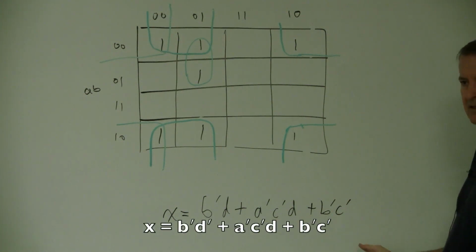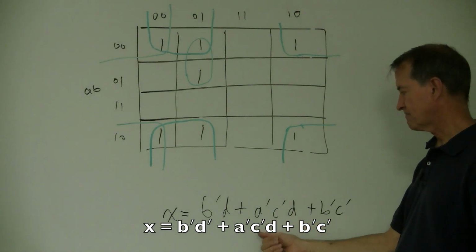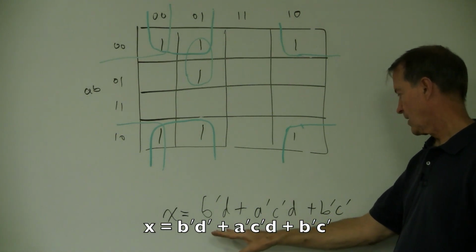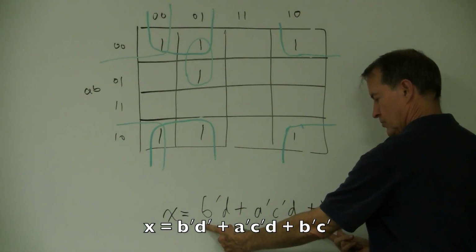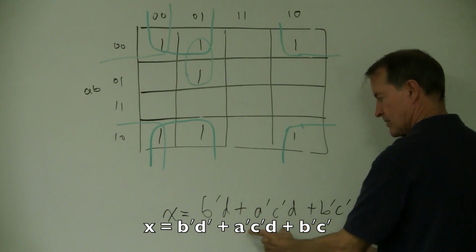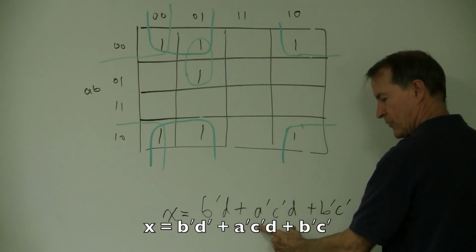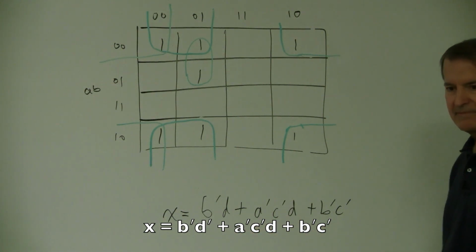So let's name the gates, or we won't bother to draw it, but let's name the gates. How many? It's going to be two 2 input ANDs, 1 3 input AND, and 1 3 input OR. Now let's do the OR and AND of this.